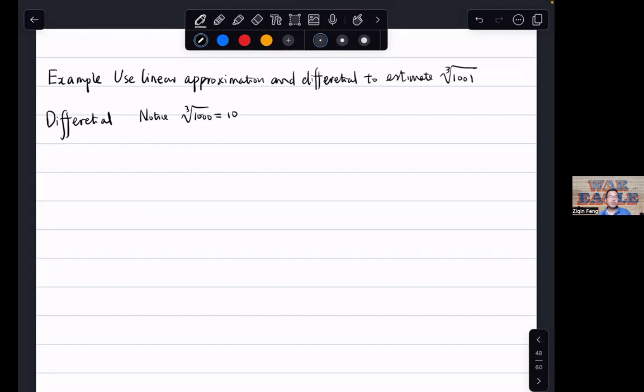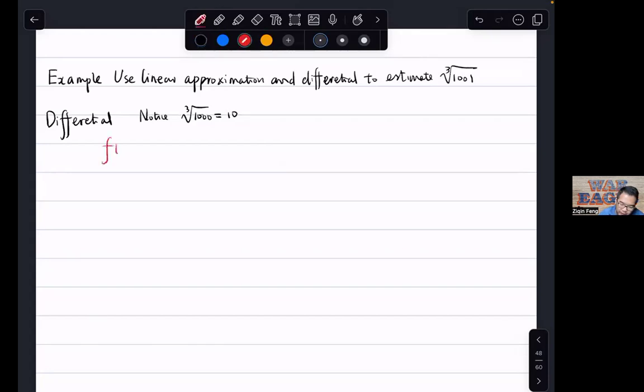When x changes from 1000 to 1001, you want to know what the change is. We want to use the differential to approximate the change. Then you add the change to the function value at 10. So that will be one estimate of this number, right? So that's our idea. So let's set up our function.